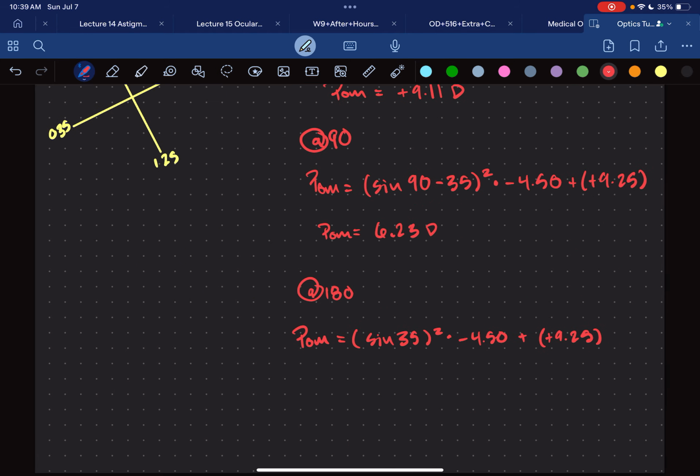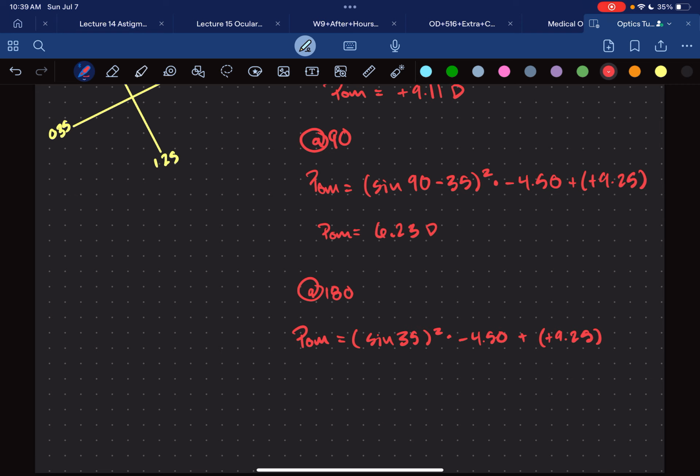Okay, so find the sine of 35. Ooh, not the tan. Find the sine of 35 squared, and then multiply by negative 4.5. Syntax error, there's no way. Oh, I did subtract, silly me. There we go. Oh, that still doesn't work. Well, start again.